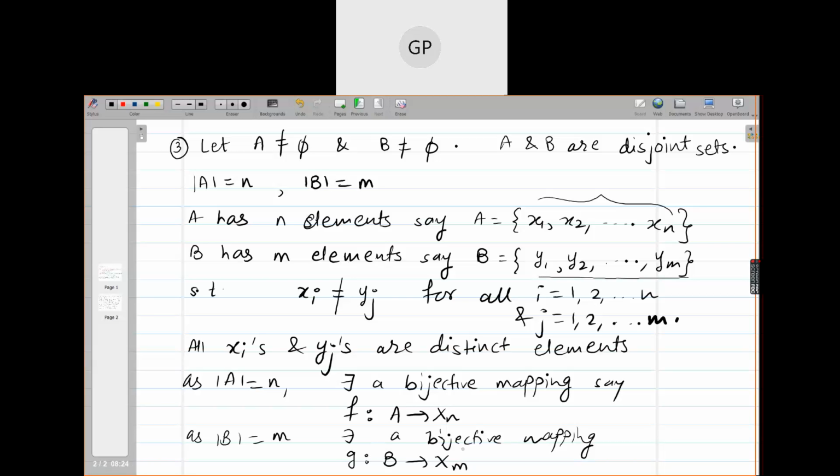Though the names of my elements are y1, y2, ym, I am writing xn and xm. Finished writing this?